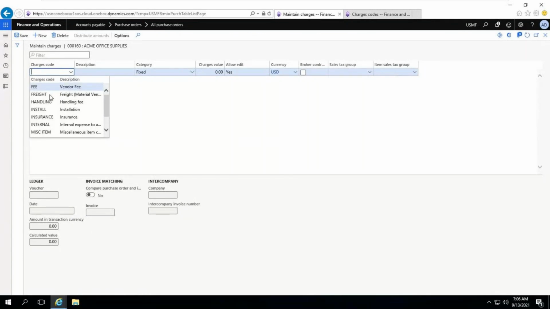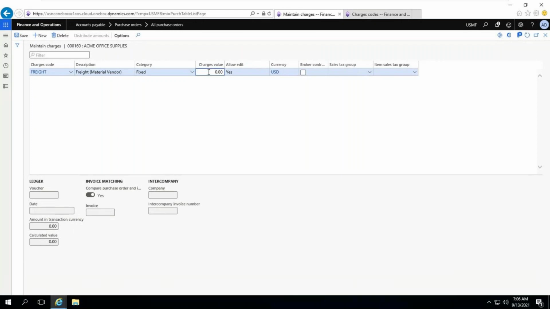The same material vendor, ACME office supplies, is arranging transportation. I need to pay the transportation charges to this vendor only. So I'm entering the charges value $150. Fine.